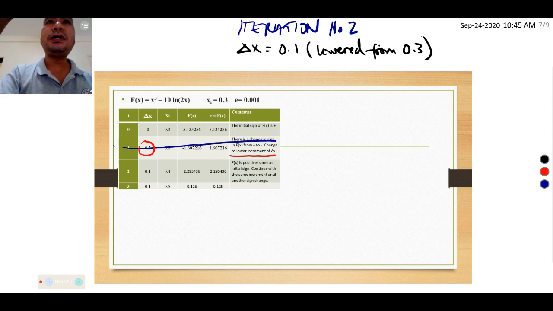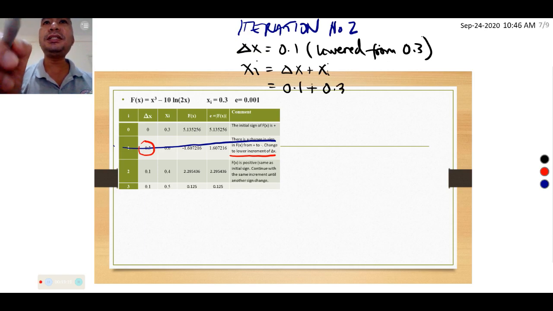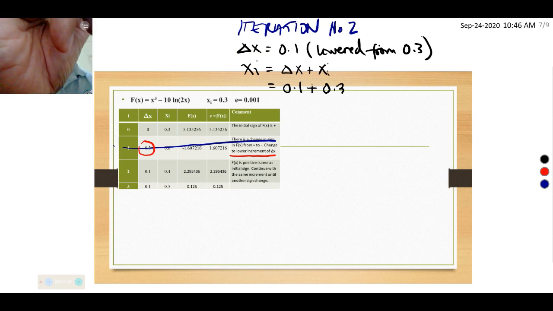So what will be my value of xi? So the value of xi again will be equal to your delta x plus your initial value of xi. So that means 0.1 plus 0.3. Why 0.3? So again, we said that we have neglected the iteration number 1 because there is a change from positive.